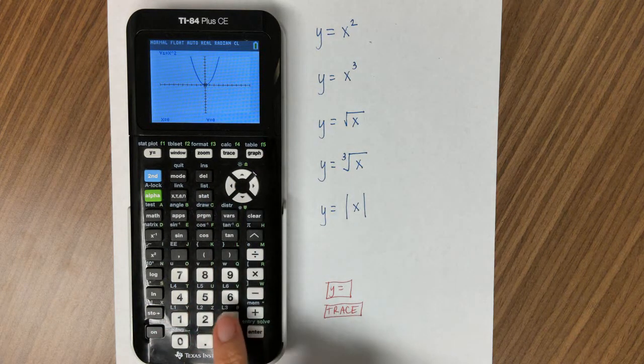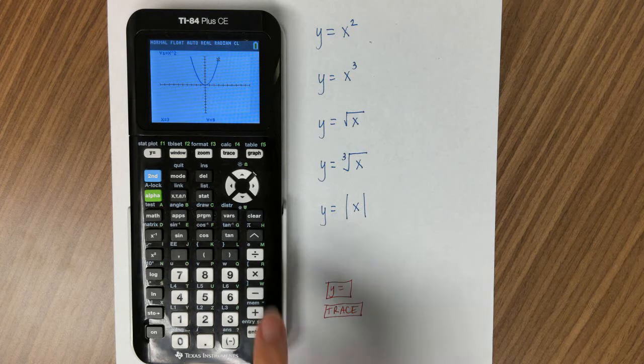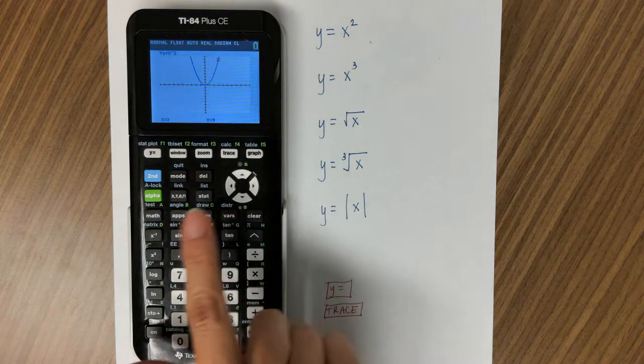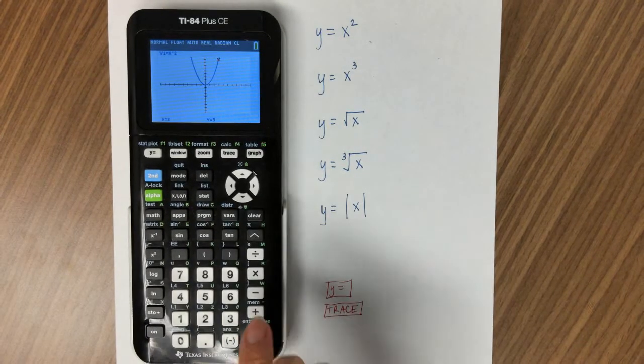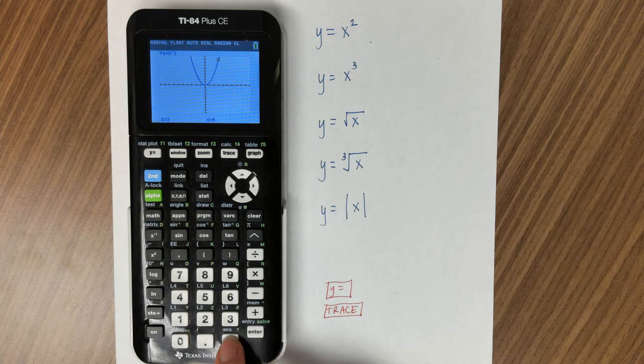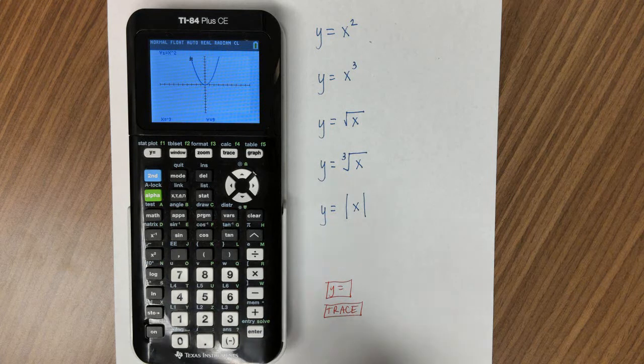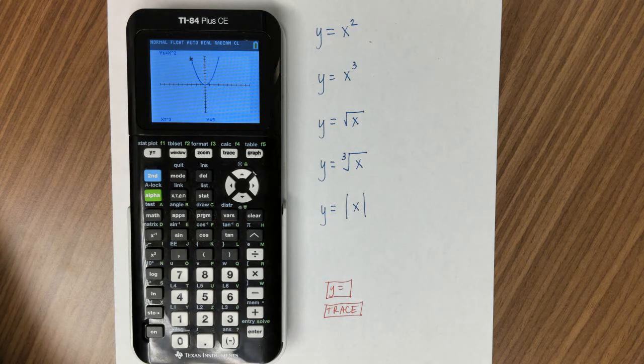So if I type in x equals 3, for example, I know that 3 squared is 9, so I should have the ordered pair (3, 9), and I do. The graphing calculator jumps up there and I can see the (3, 9) ordered pair. I could also type, for example, -3 using this negative key. That also gives me y equals 9 because -3 in parentheses squared is +9.